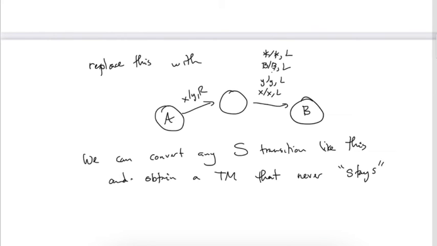This is why you will never, again in your life, hear somebody talk about a Turing machine that stays as being anything different from an ordinary Turing machine, because they're a little bit different, but they have the same capabilities, and you could easily convert one to the other if you wanted to. So theoretically speaking, there's no difference between them.